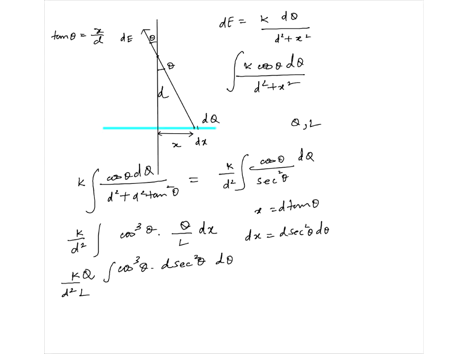Fine. Now the good news is that sec square theta will cancel cos square theta, and d will come out. Integrating cos theta, sin theta. Now, limits.